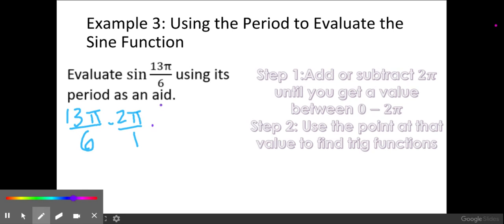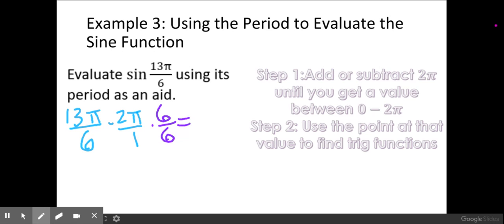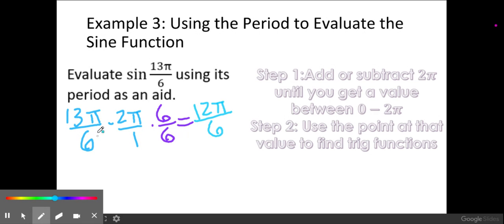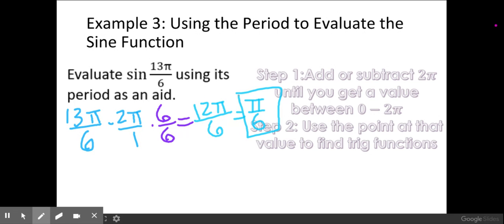We need a common denominator, so multiply by 6 over 6. We get 12 pi over 6. So 13 pi over 6 minus 12 pi over 6 equals 1 pi over 6.